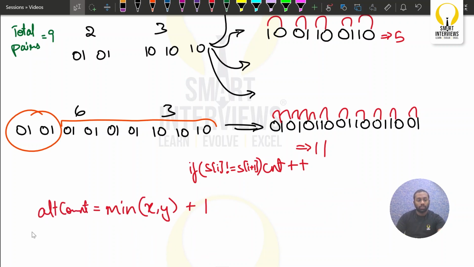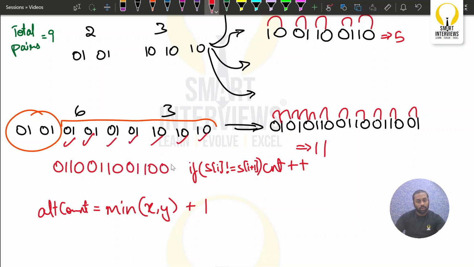Our alternating count. For these many times, I can pick whatever is the maximum of x and y. If let's say here x is maximum, right? So I can pick 0 1, then 1 0, that is 0 1, then 1 0, then 0 1, then 1 0, then 0 1, then 1 0, then 0 1.